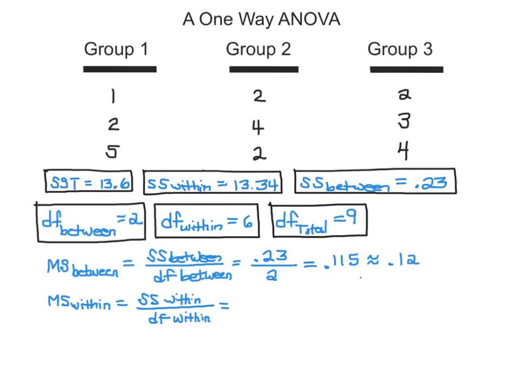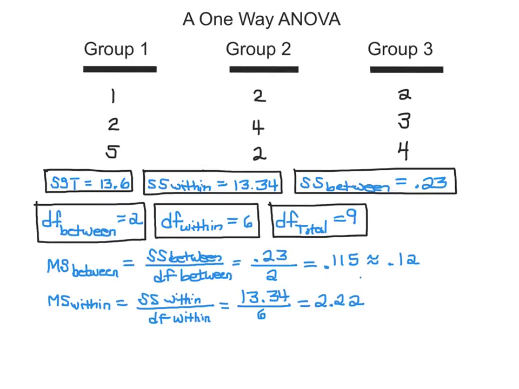The sum of the squares within is 13.34, and that's divided by the degrees of freedom within, which is 6. And this is equal to, 6 goes into 13 twice with 1 left over, 2.22. Round that to 2.22.